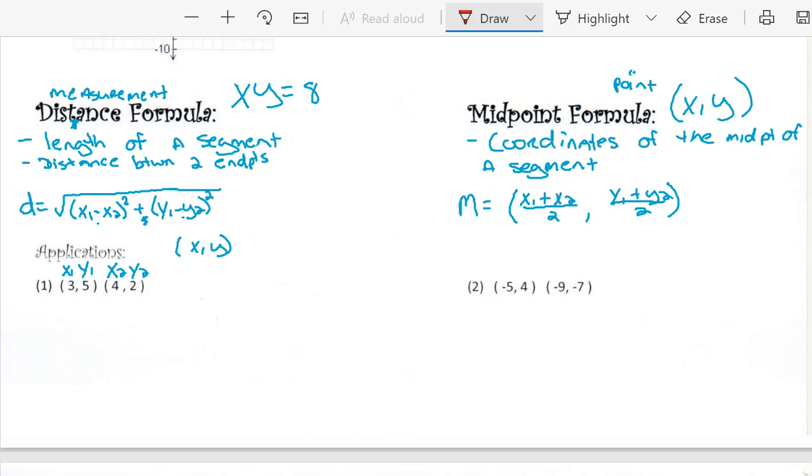So since I'm doing the midpoint here for number one, again, it's capital M equals, and I have my plugins over here. So it's going to be x1 plus x2. So x1 is 3 plus x2 is 4, over 2. y1 is 5 plus 2, over 2.